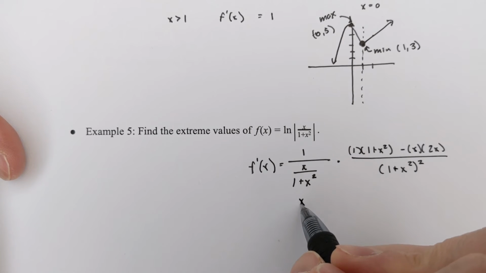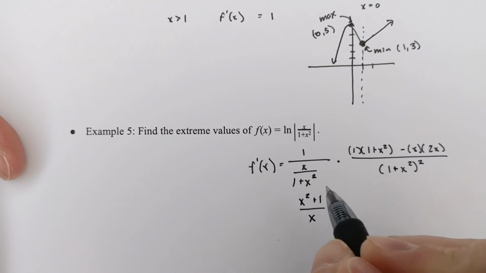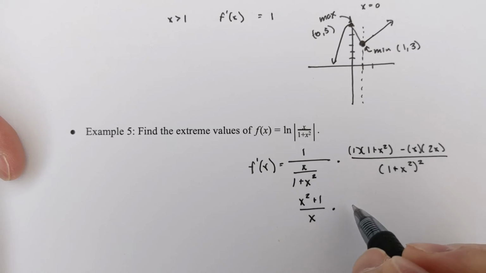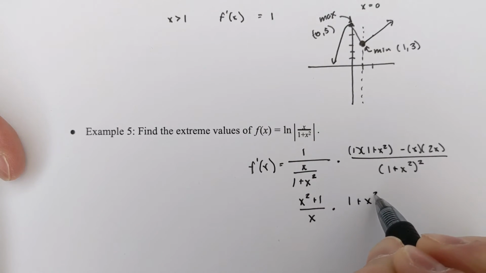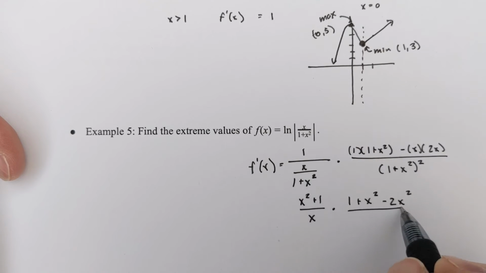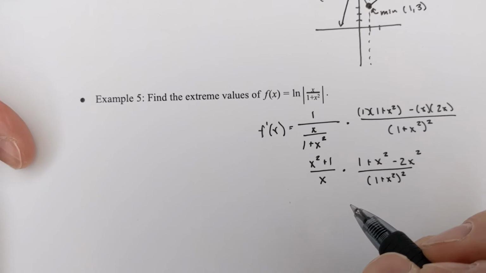So this becomes (x squared plus 1) over x, because to divide something by a fraction, you just flip it. And over here, you have 1 plus x squared minus 2x squared all over (1 plus x squared) squared.